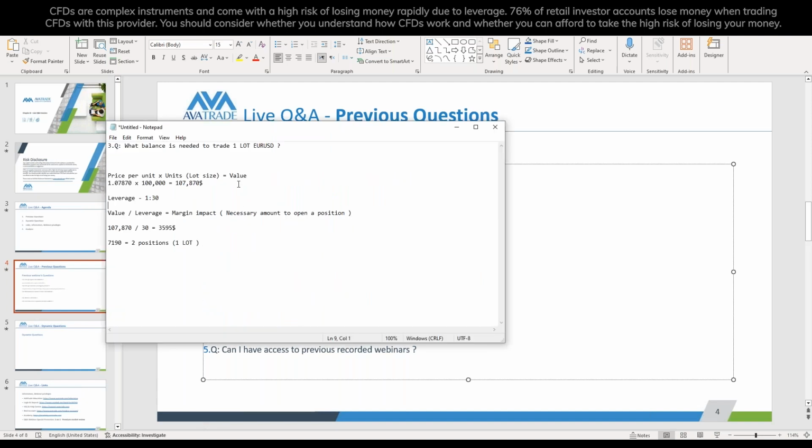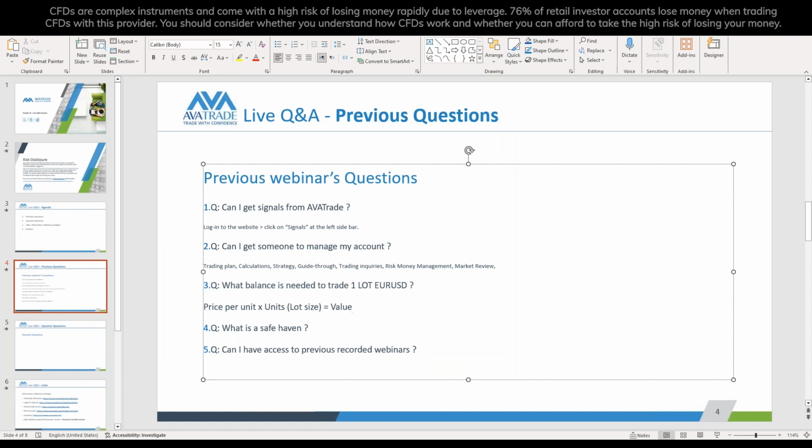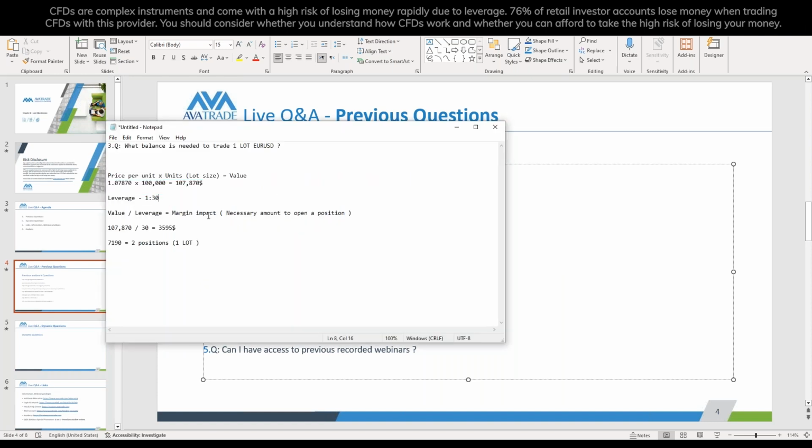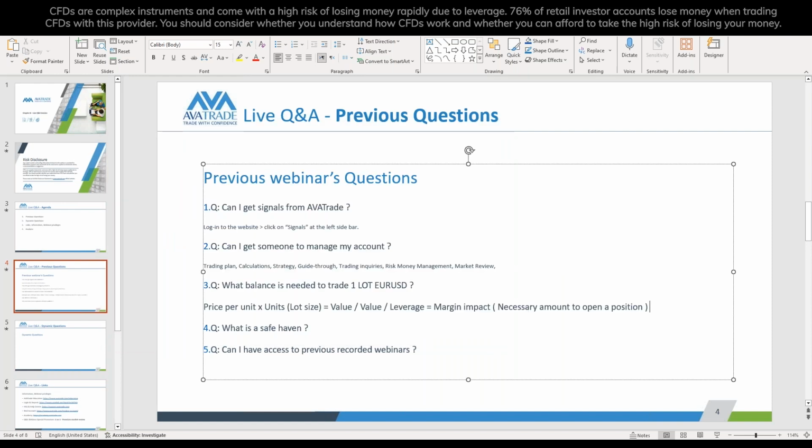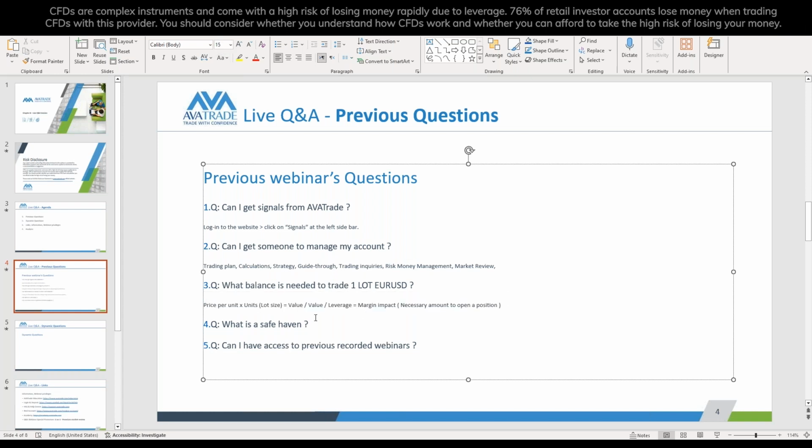Actually, let me quickly paste that bit here, and then we're going to do it this way, like so. All right. What is a safe haven? Well, that's not a bad question, right?